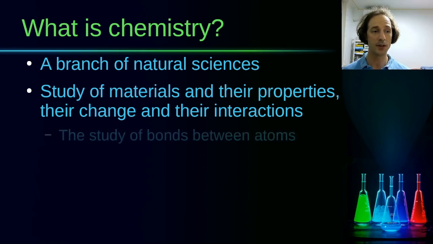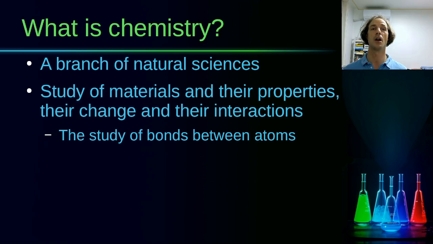So in our modern understanding, chemistry basically boils down to studying bonds between atoms. Physics gave us a very good understanding of what atoms are, how they work, and how they interact with each other, and chemistry can, based on these models, study how atoms bond with each other to form different materials, different types of objects.